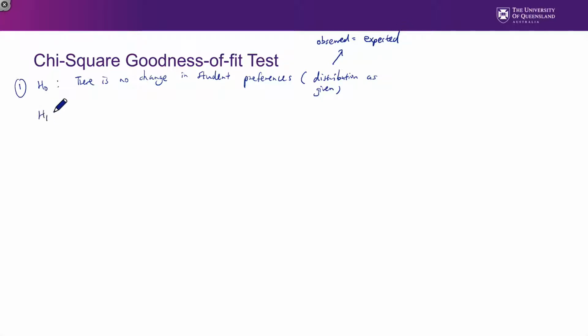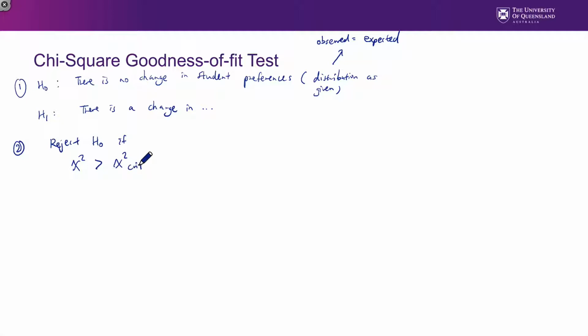And then for H1, that is there is a change, right? So in our case, we'll reject H0 if the chi-square is larger than the chi-square critical.